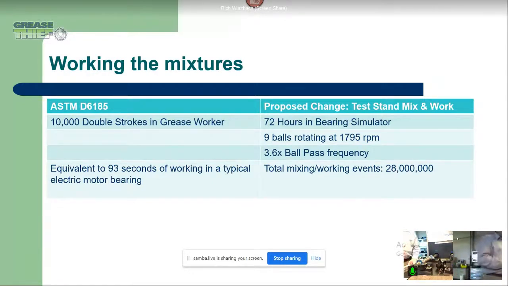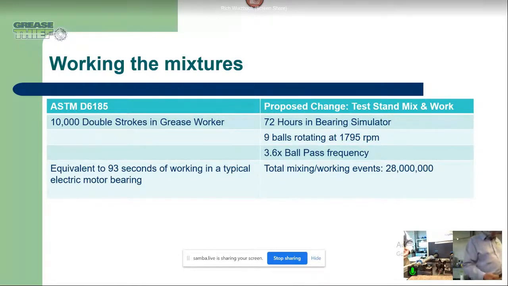Now, is that just overkill? Is that over the top? Well, the other way to look at this is to say if the grease worker is to simulate the mixing events, let's say in an electric motor, that 10,000 events is equivalent to about 93 seconds of working in a typical electric motor bearing.